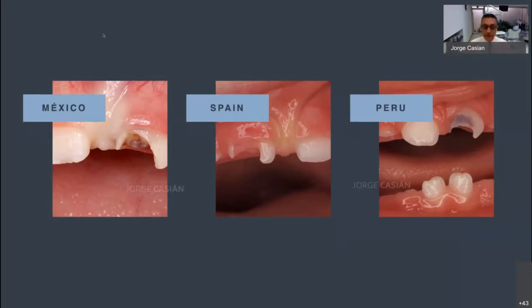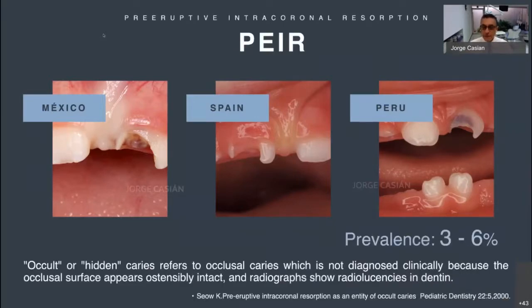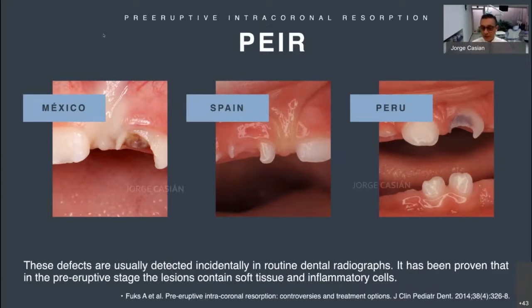And we believe these cases are a developmental defect of enamel called preeruptive intracoronal resorption, with a prevalence from 2 to 6%. All of us know cases of this entity on permanent teeth and on posterior primary teeth.